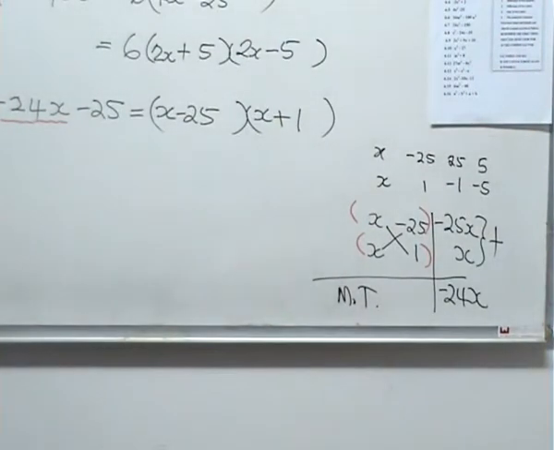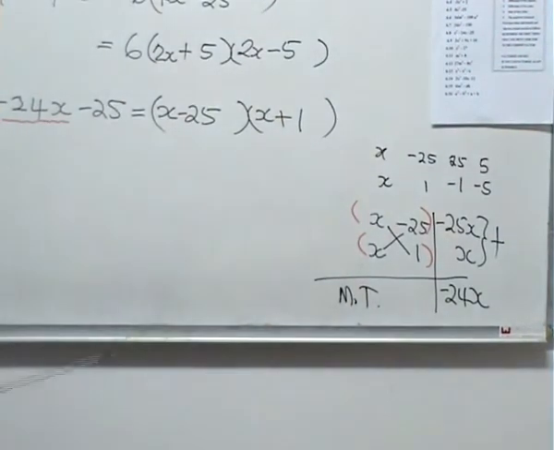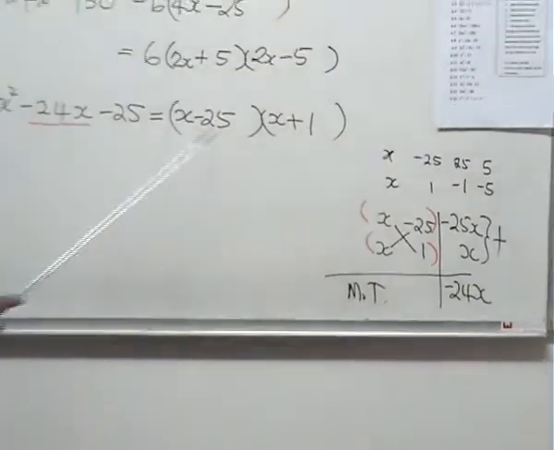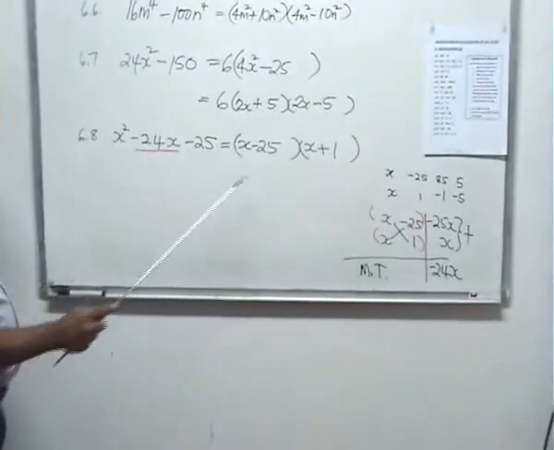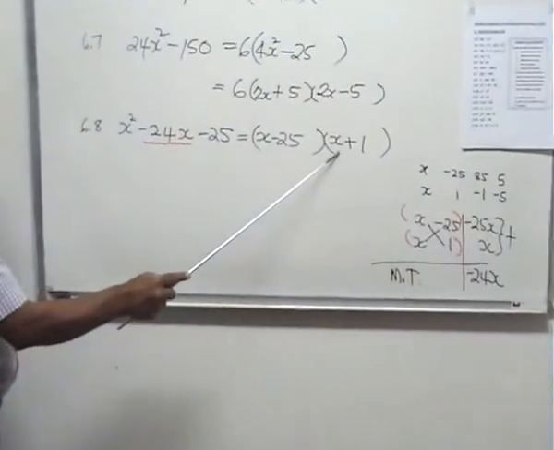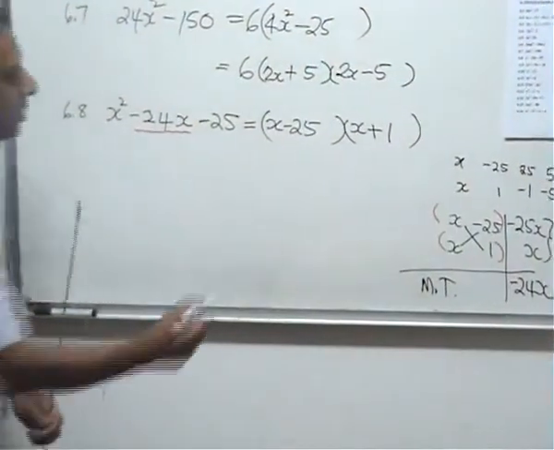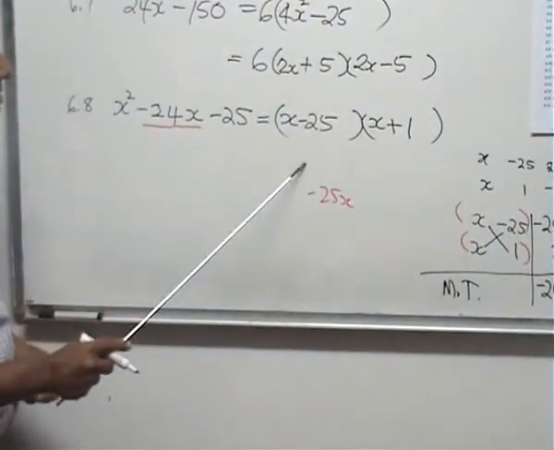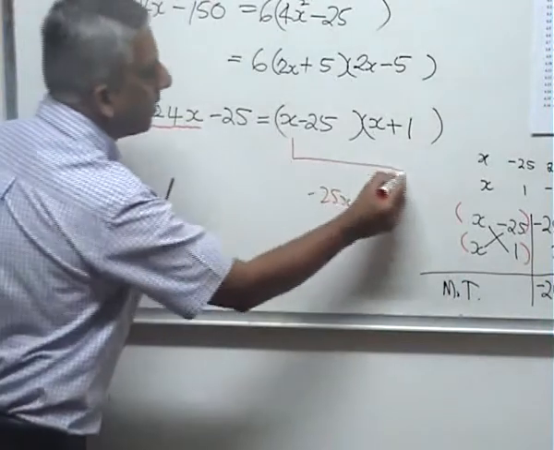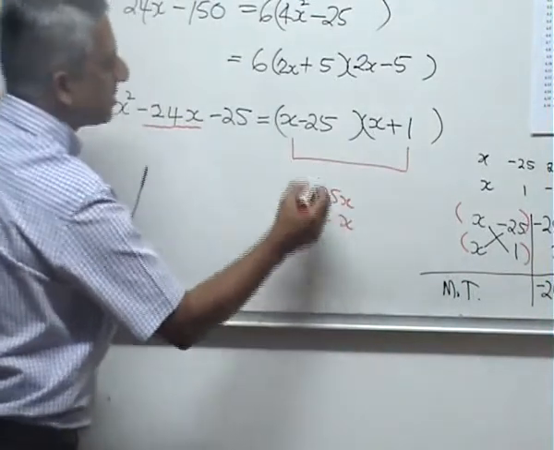Now when it comes to trinomials, it's very important to test the answer. X times x gives you x squared. Minus 25 times x gives you minus 25x. X times 1 gives you plus x.